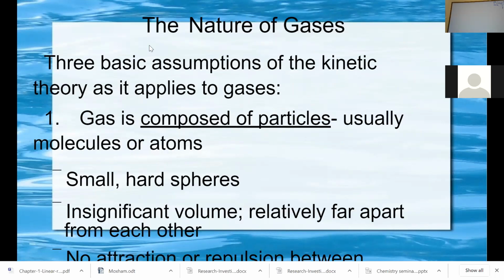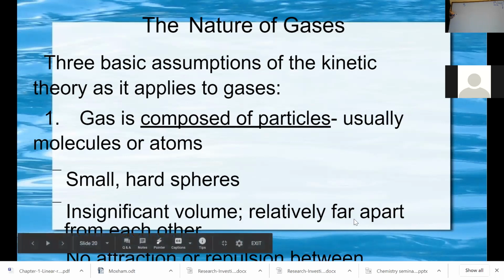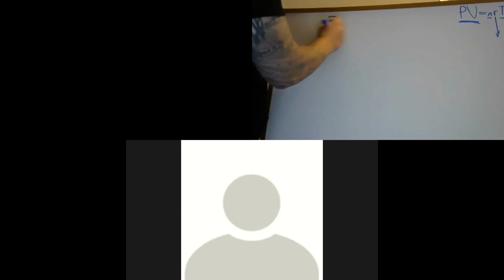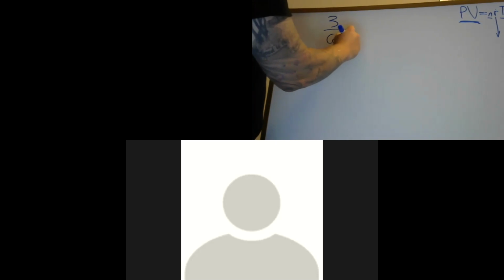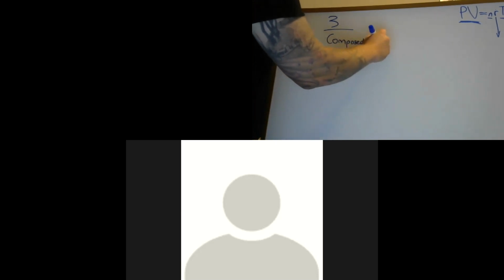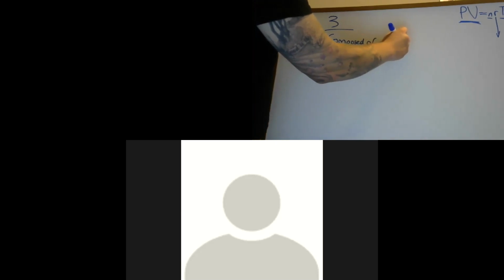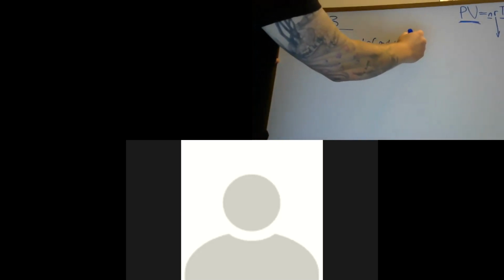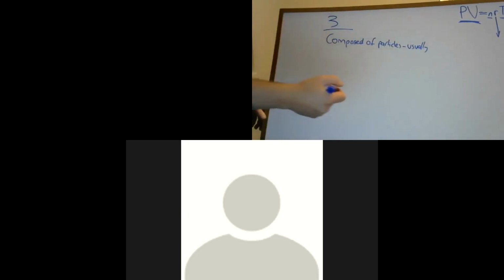So it takes into account 3 assumptions. That gases are composed of particles, usually molecules or atoms.